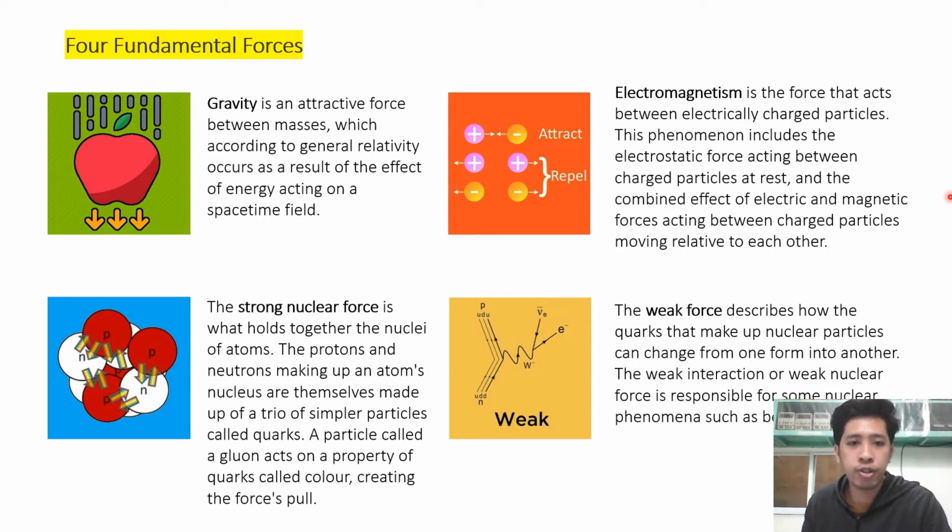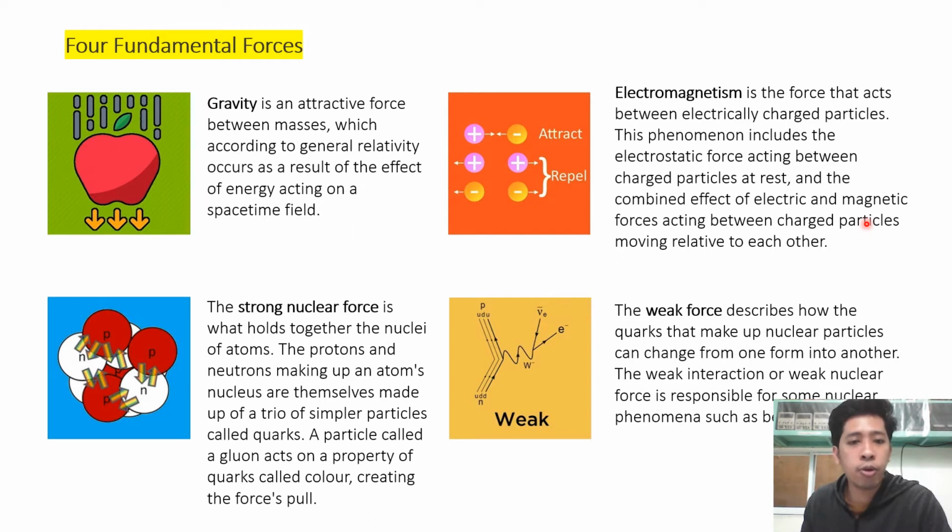And then we have your strong nuclear force. This is a force that we are going to talk about in our course. The strong nuclear force is what holds together the nuclei of your atoms. The protons and neutrons making up an atom's nucleus are themselves made up of a trio of simpler particles called the quarks. So as we have said earlier, you have your 2 up quarks and 1 down quark for your protons, and 2 down quarks and 1 up quark for your neutron.